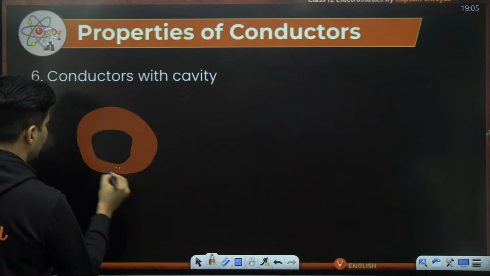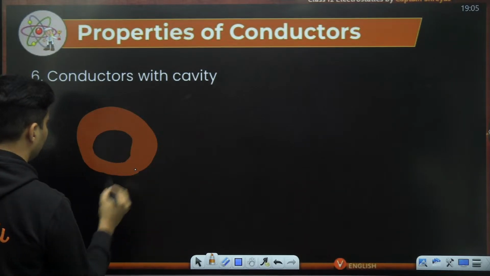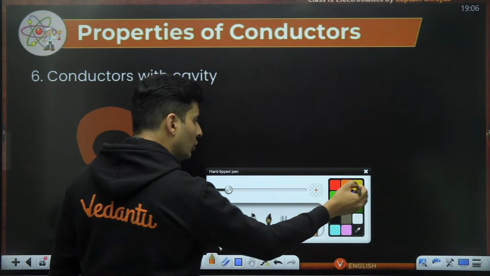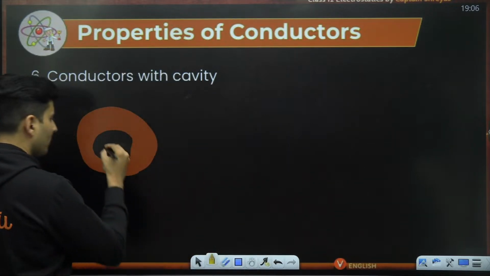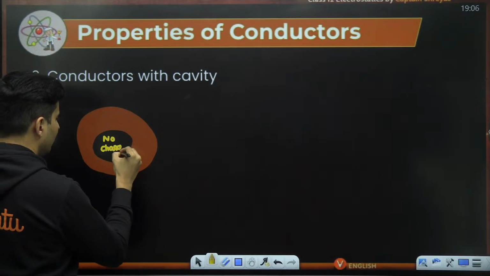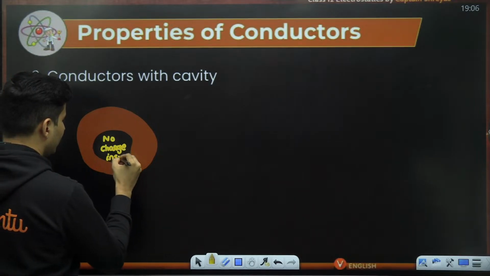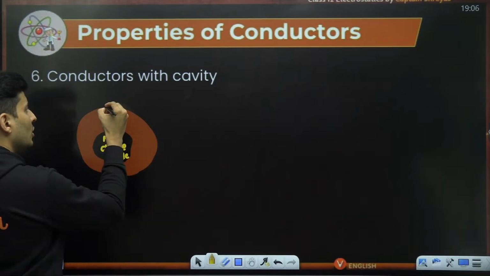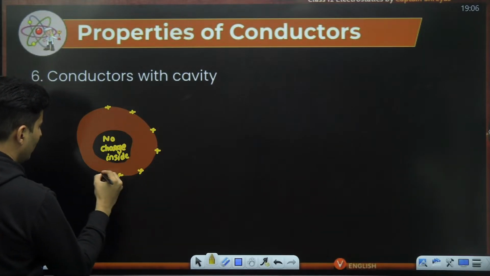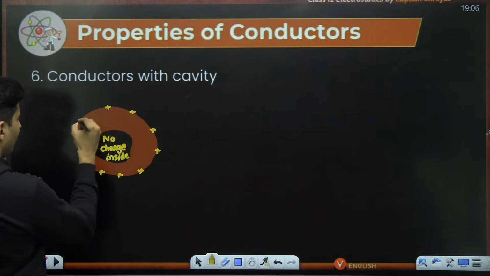If you see that there is a conductor like this, and there is no charge inside, then you will just see that the charges on the conductor will be only on the outer surface.